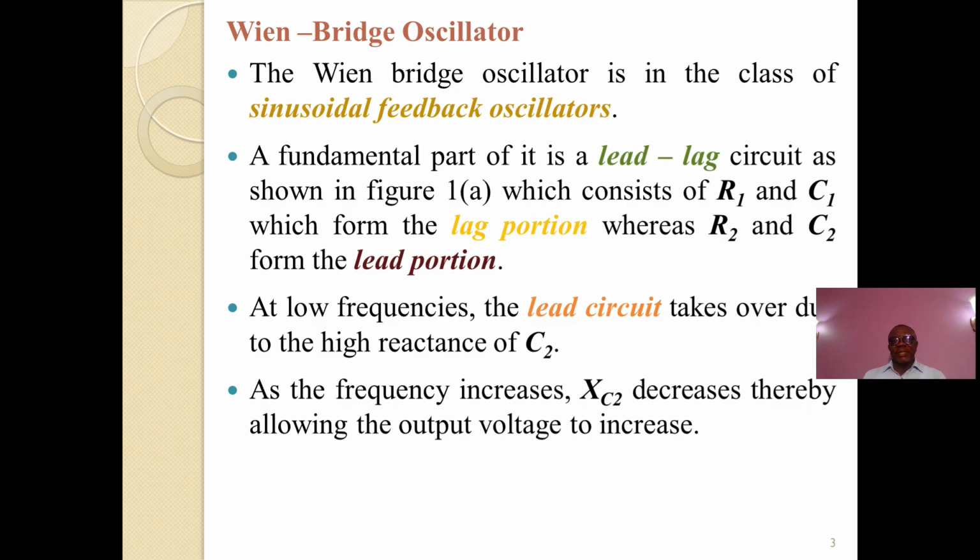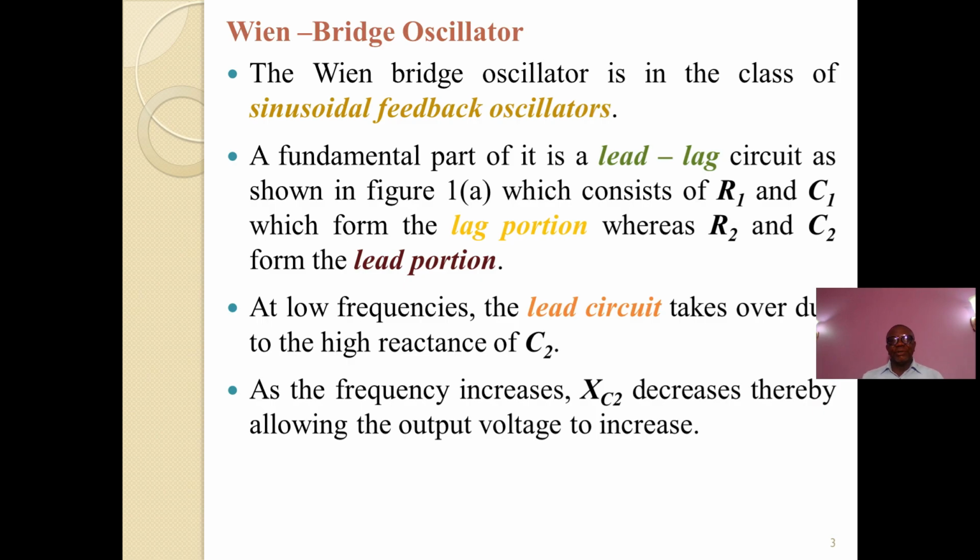And we said in that category, we have a good example, which is the Wien bridge oscillator. We quickly put that these Wien bridge oscillators, or the feedback oscillators, operate at frequencies below 1 megahertz.